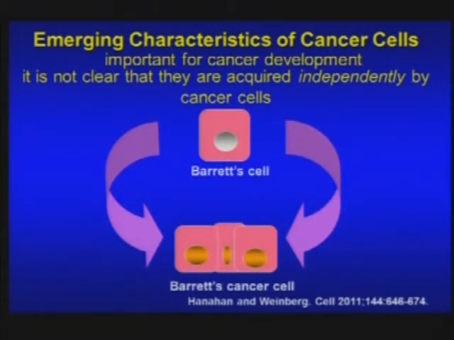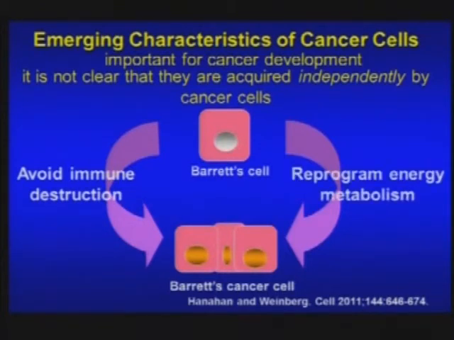Nevertheless, these emerging characteristics include the ability of cancer cells to avoid immune destruction and the ability to reprogram their energy metabolism in order to support the continuous proliferation and growth of the tumor cells.